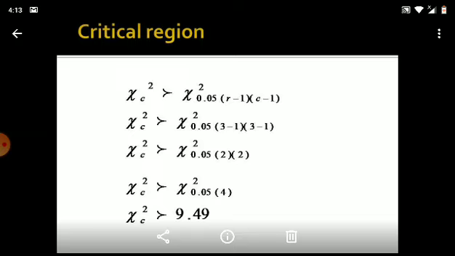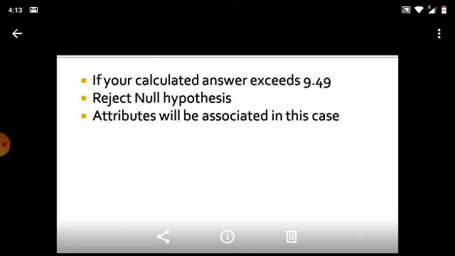If our calculated answer exceeds 9.49, reject the null hypothesis and the attributes will be associated in this case. If the null hypothesis is rejected, the attributes are considered associated, because our null hypothesis was that the two attributes are not associated.